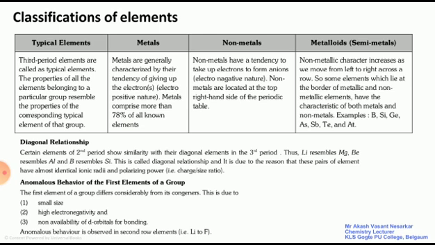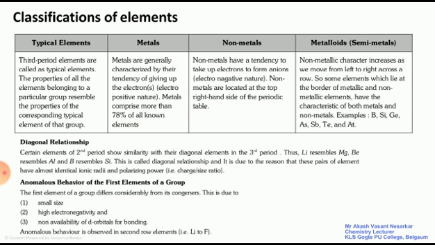Next one, metals. Metals are generally characterized by their tendency to give up electrons. Any species, if it gives up an electron, acquires a positive charge, and that species will act as a metal, because a metal will lose electrons very easily. Therefore metals are electropositive in nature.